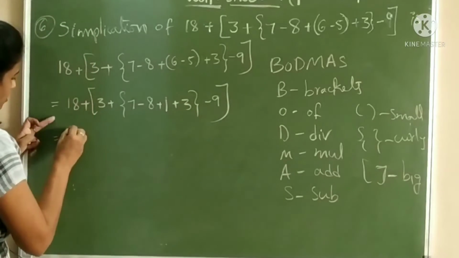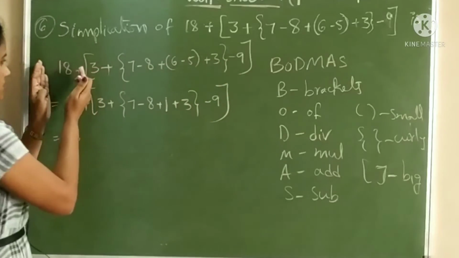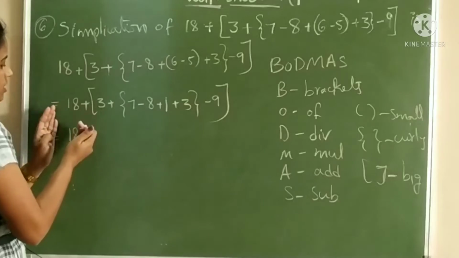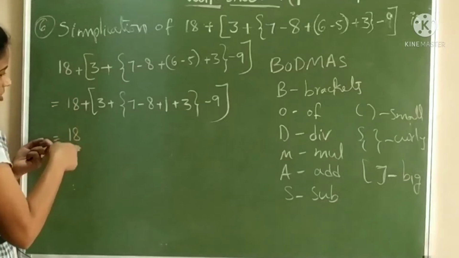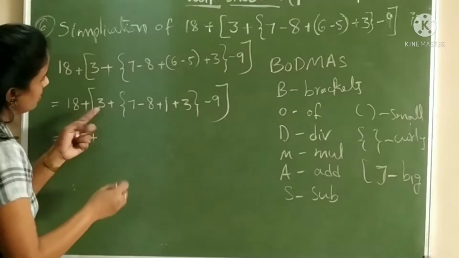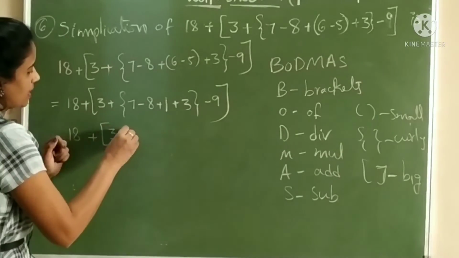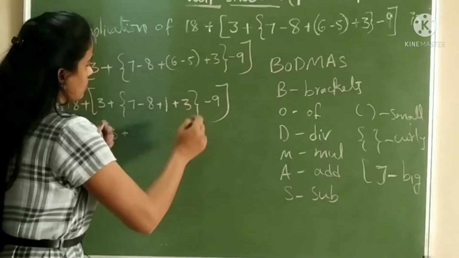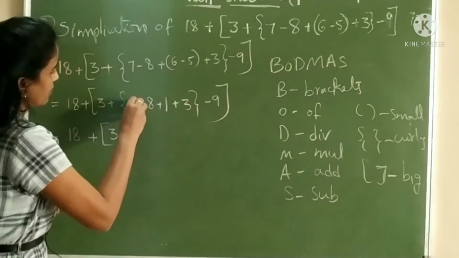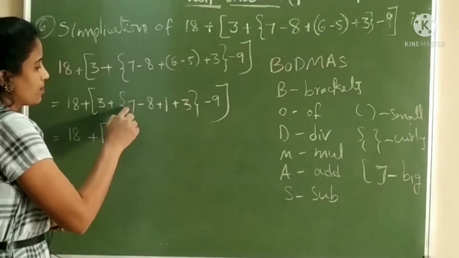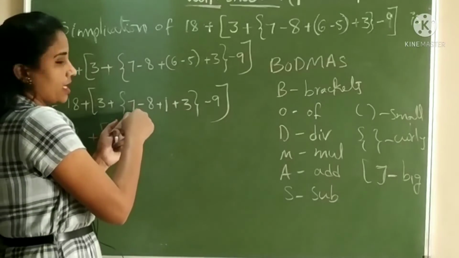Again, as it is you write 18. I am not changing any numbers of the big box bracket. 18 as it is, plus again big bracket 3 plus, simplify the curly bracket value: 7 minus 8 plus 1 plus 3. 7 is a positive value; before the number there is no symbol, so you consider it plus, a positive number.